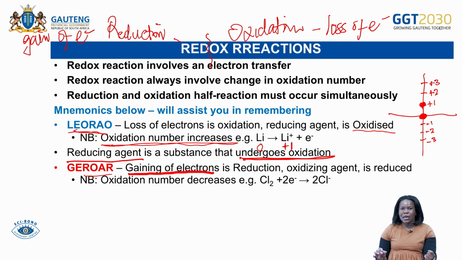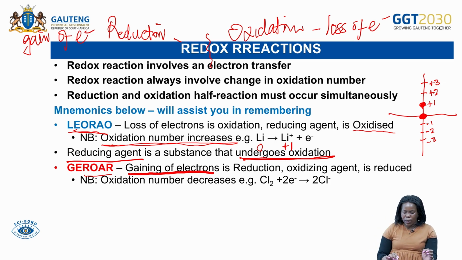In this case, we have another rule that we spoke about. We said that an element that has the same type of atoms, like hydrogen or bromine, because these exist as diatomic molecules, will have an oxidation number equal to 0.